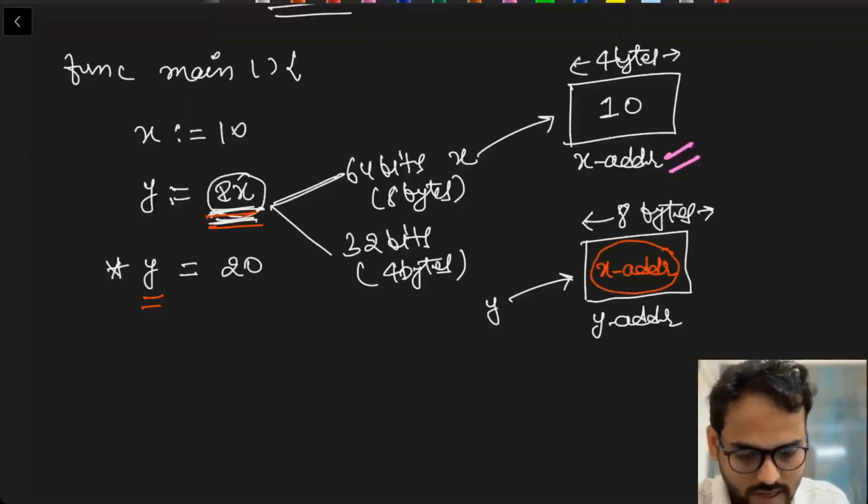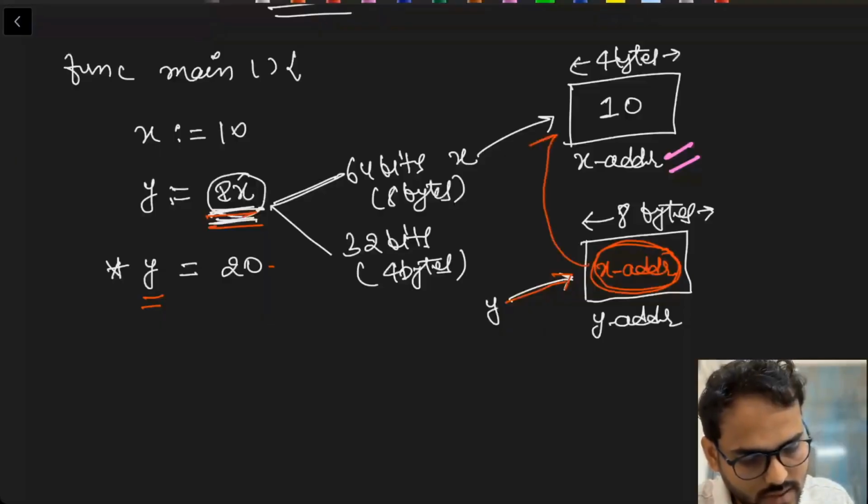And this *y tells us basically go to the address contained in y and update the value. This is the address contained in y. Go to this address which is here and then update the value. So instead of 10, we'll have 20.